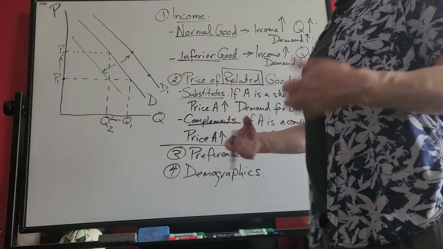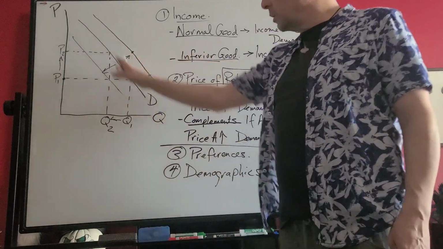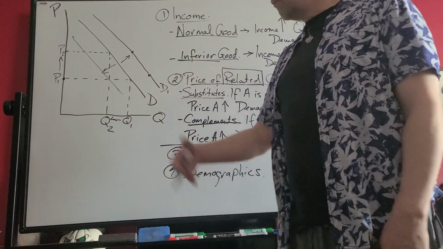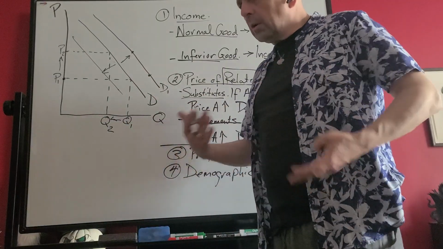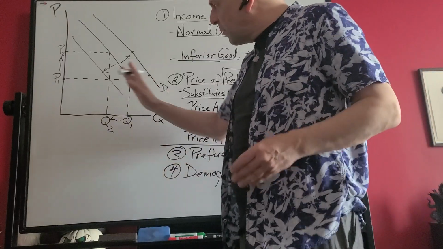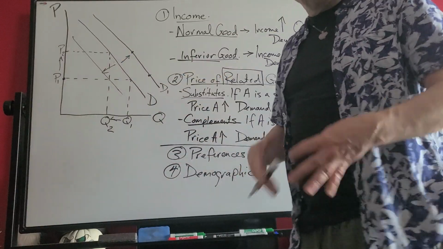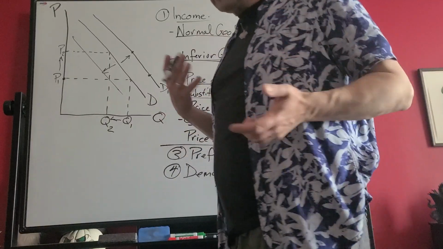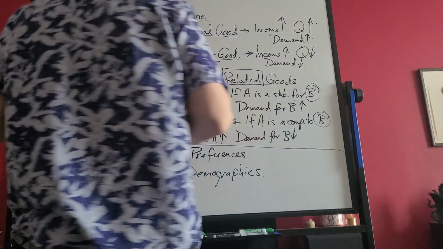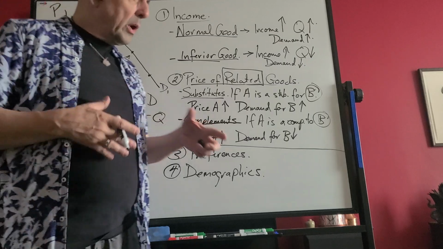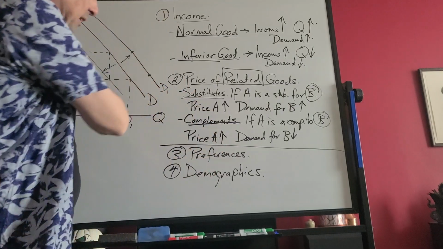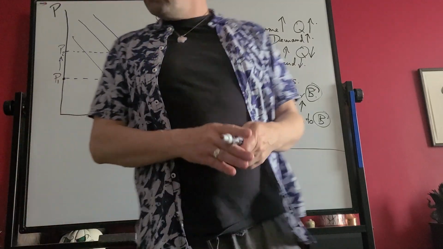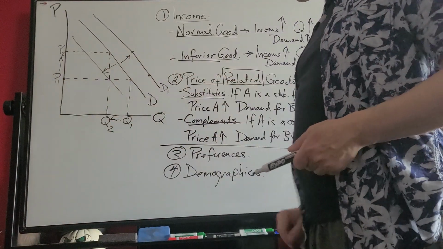Let's say the population ages. Well, if this is the demand for walkers or pharmaceutical products or blood pressure medication, then the demand is going to move out as the population becomes older. So any of those demographics or characteristics of a population will sometimes affect the demand. And that is, again, a non-price reason for things changing, so that would have the effect of moving the curve.